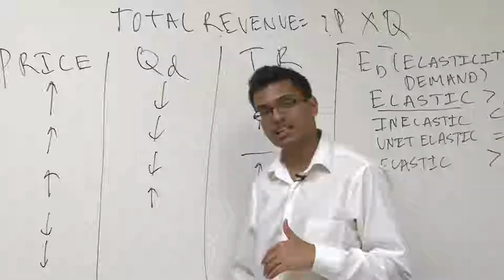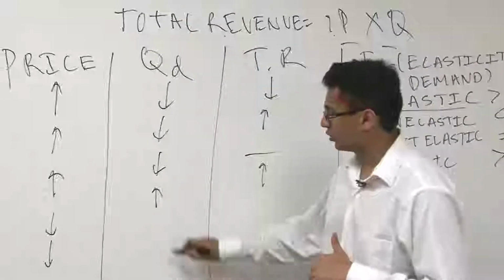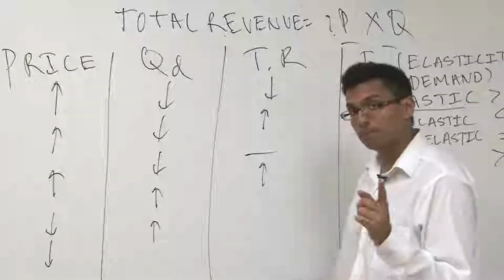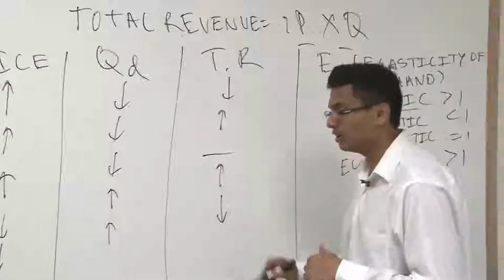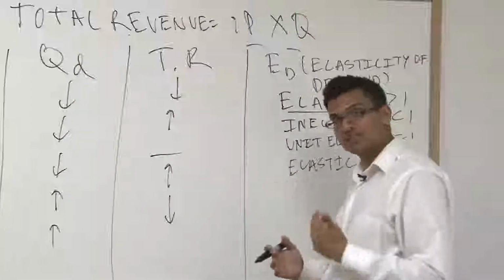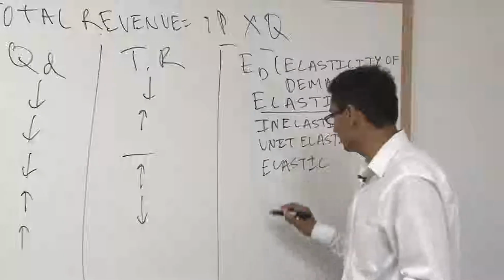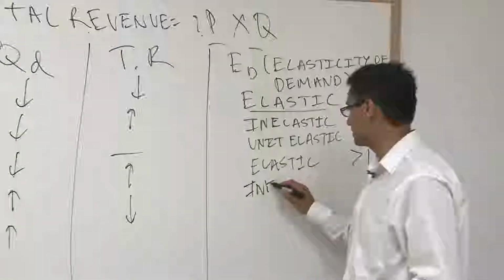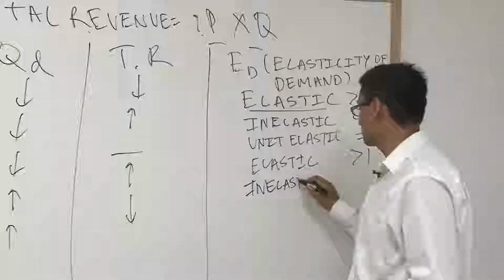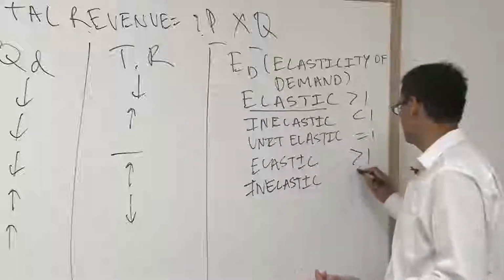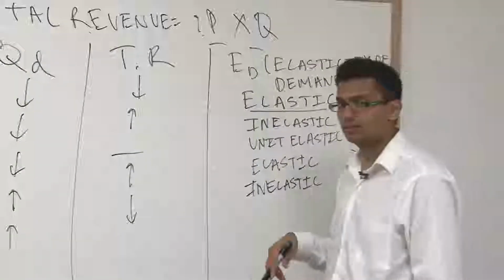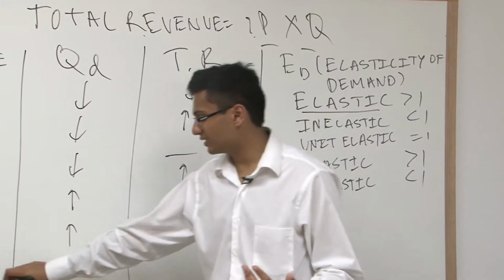The second example here is it's going to go down. Quantity demanded again is going to go up. But in this case, the total revenue actually goes down. What does that mean? It's the exact opposite scenario. It means that it's inelastic, correct? Inelastic. And you guys would probably guess the last one. Last one, okay? Yeah, kind of surprising, right?